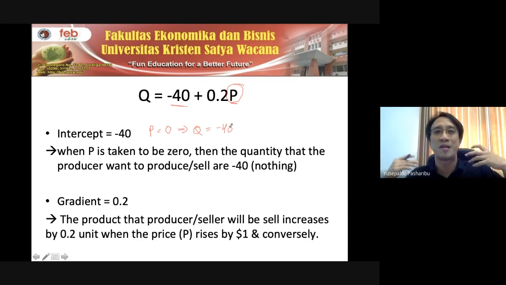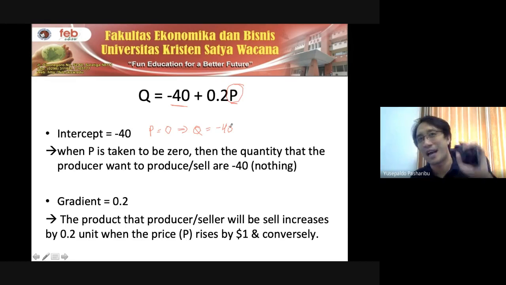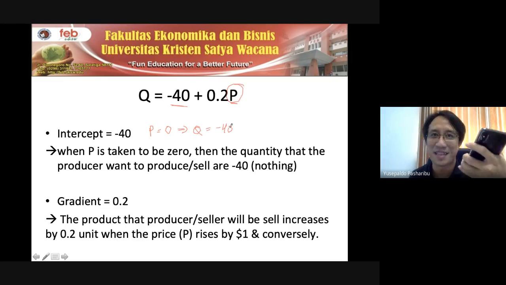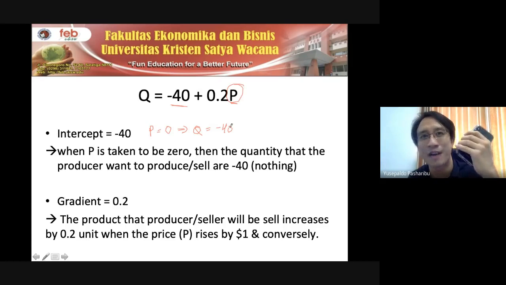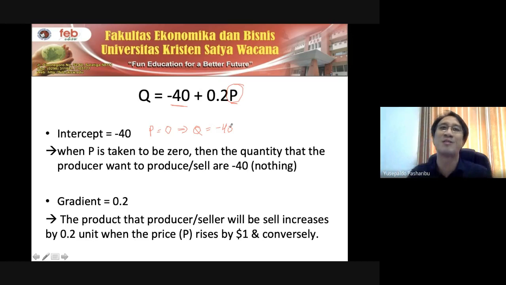Or how much is the price for the product? For example, I sell an iPhone for 10 million. That's real. But it is nonsense if I tell you that I sell my iPhone for minus 10 million. What does it mean? I give the iPhone to you and I also give you money.